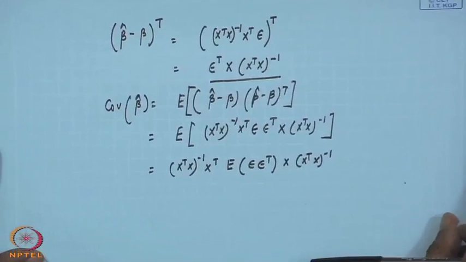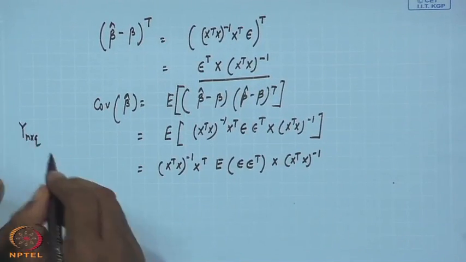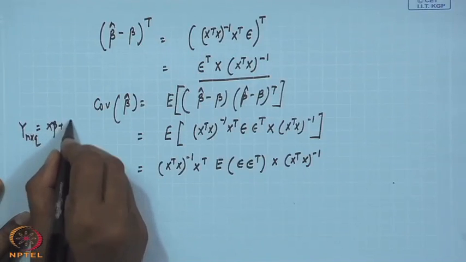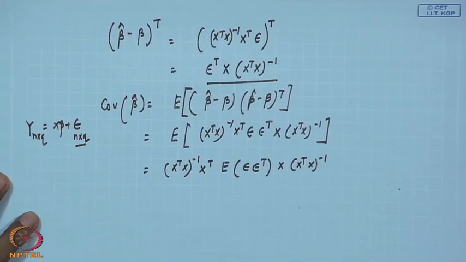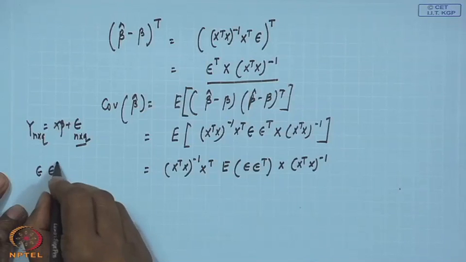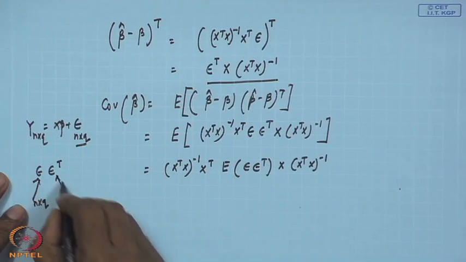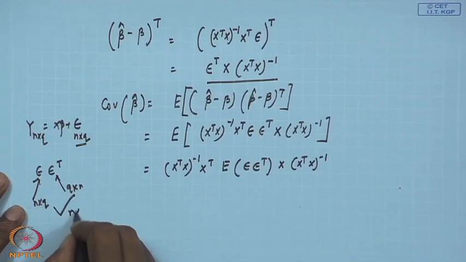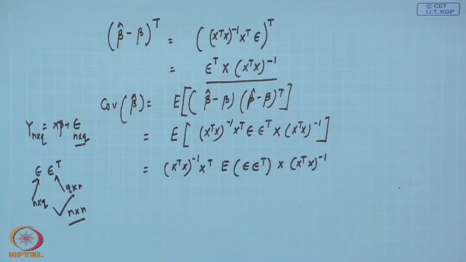If you see the equation, Y is n cross q equal to X beta plus epsilon, where epsilon is also n cross q. Then epsilon, epsilon transpose, this is n cross q and this one will become q cross n, then the resultant will become n cross n.